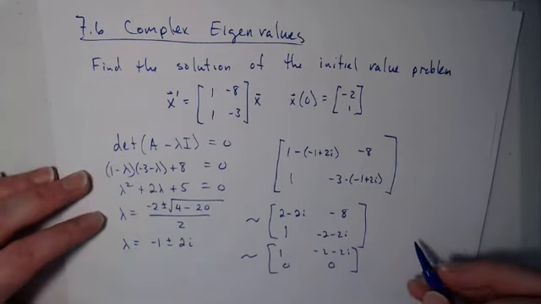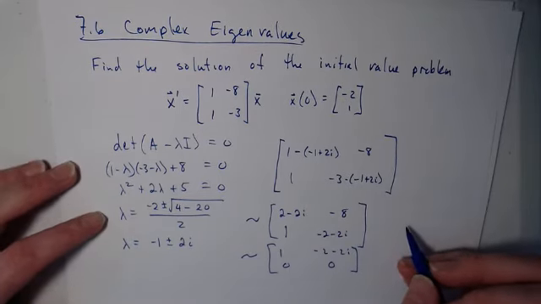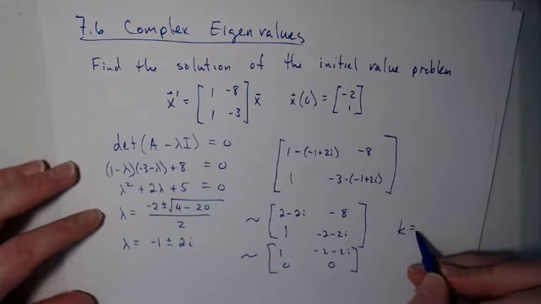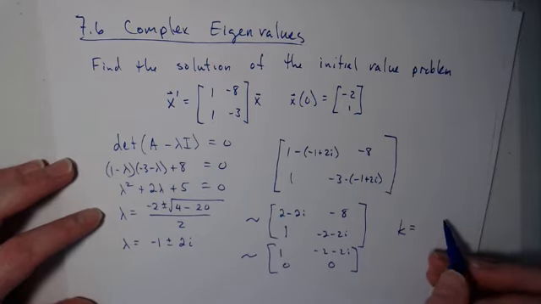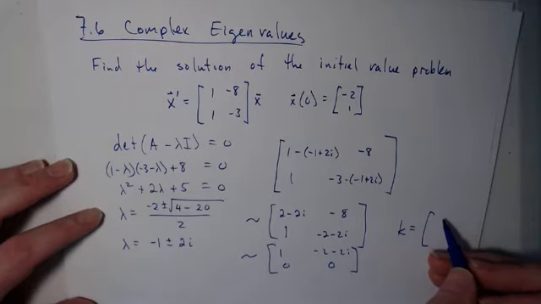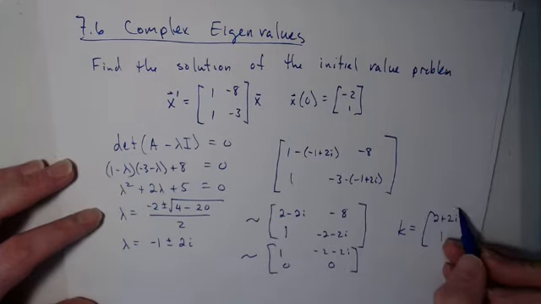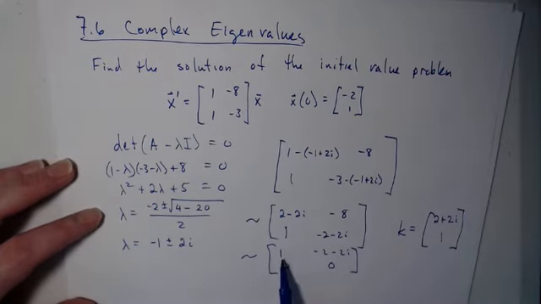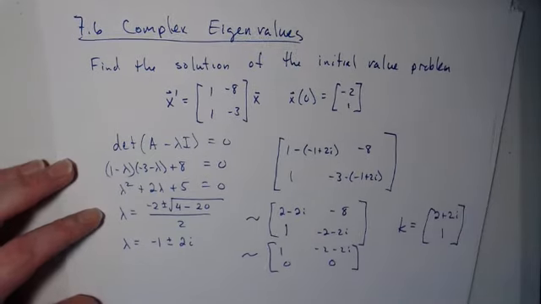So from this, we have that k equals, let's see, how about 2 plus 2i, 1. Right? 2 plus 2i times 1, plus 1 times negative 2 minus 2i, add those up, you'll get 0.